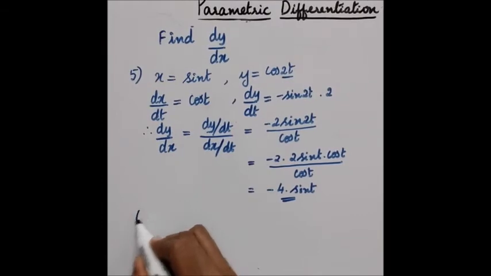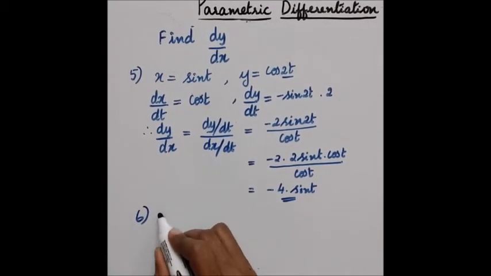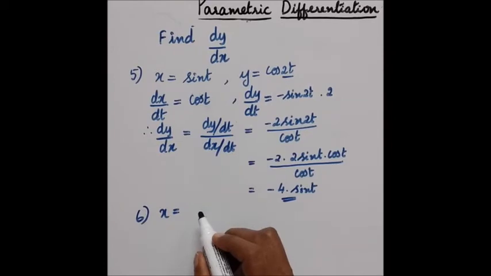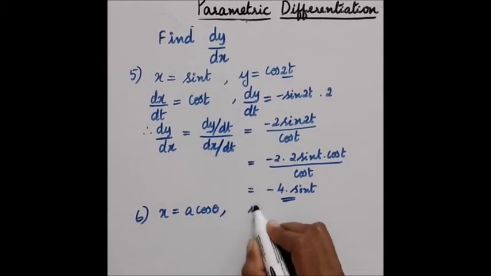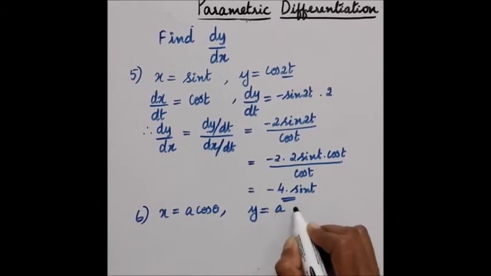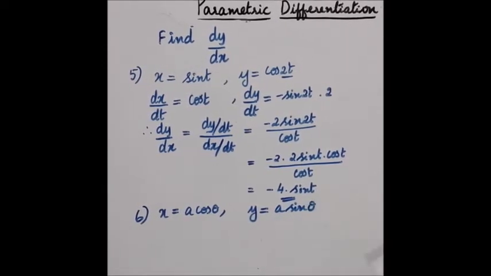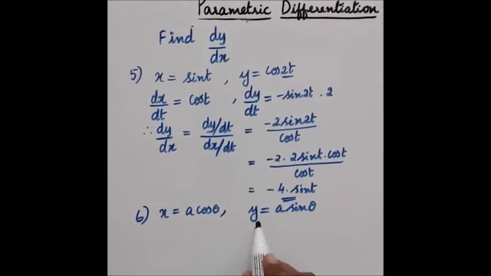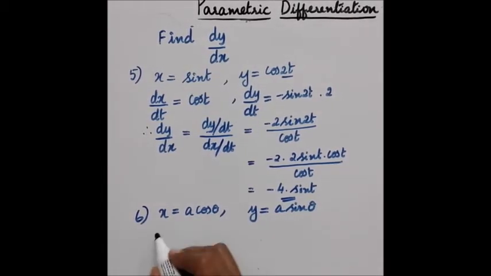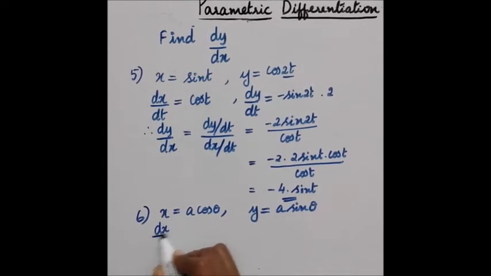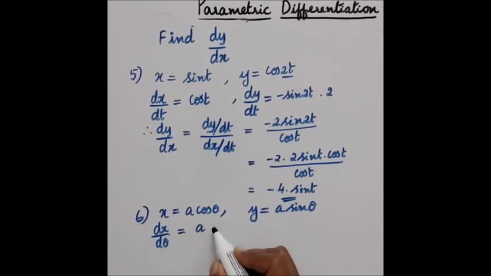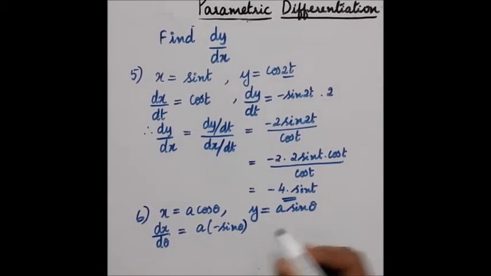Next question is x is equal to a cos theta and y is equal to a sin theta. So here observe x and y are the functions of theta. So differentiate x and y with respect to theta. So dx by d theta is a into derivative of cos theta, which is minus sin theta.